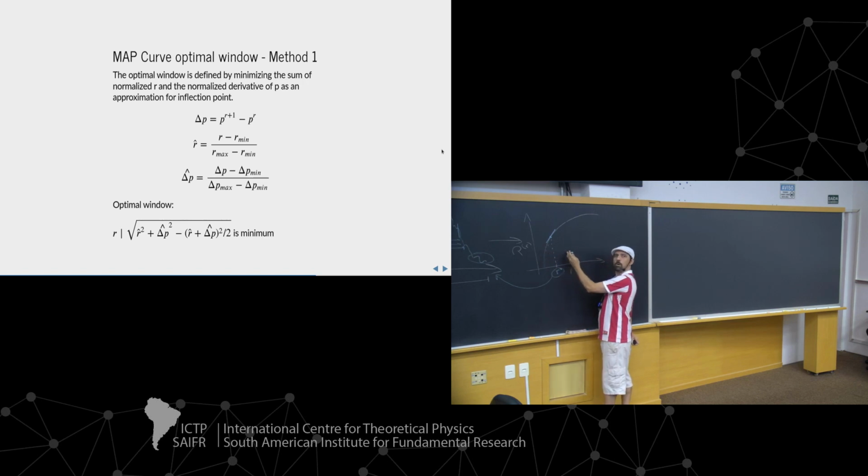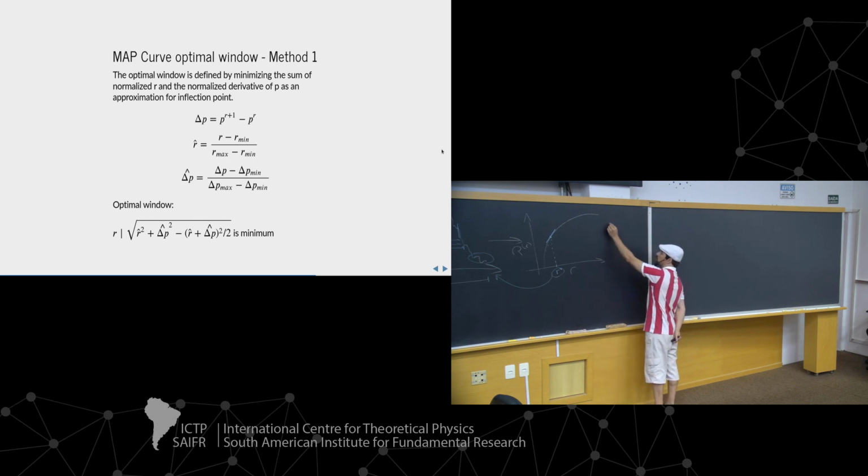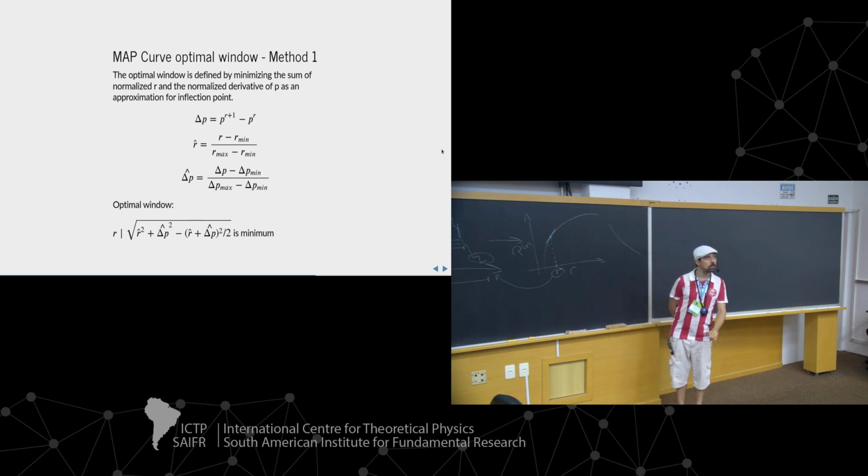Once I move forward on window sizes, this curve is decreasing, reaching an asymptote, so the derivative is getting closer and closer to 0. So it's diminishing, it's a non-increasing function. The map curve is a non-decreasing function, and the derivative associated with that is a non-increasing function. Usually it will be a decreasing function, but at least non-increasing for sure. So it will look something like this, let's say.